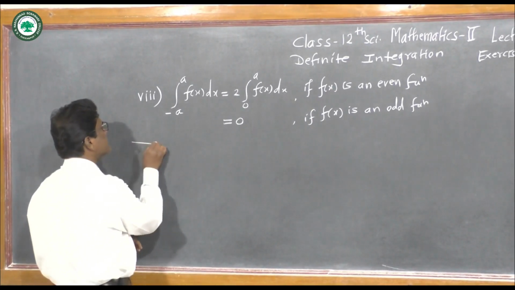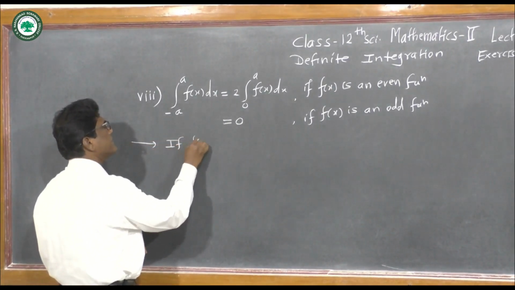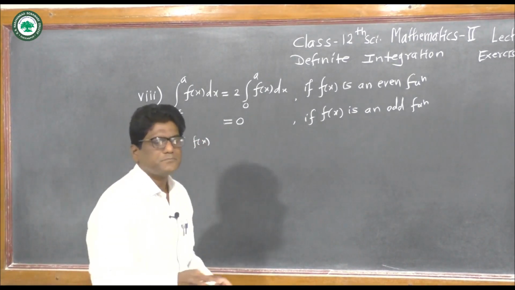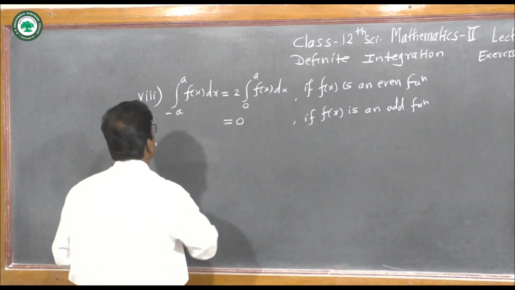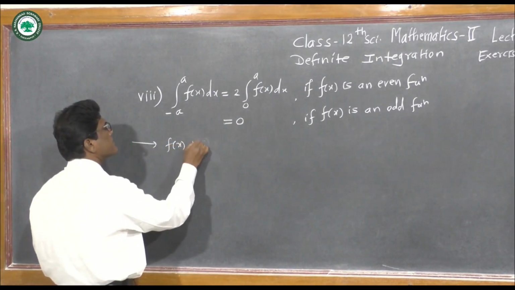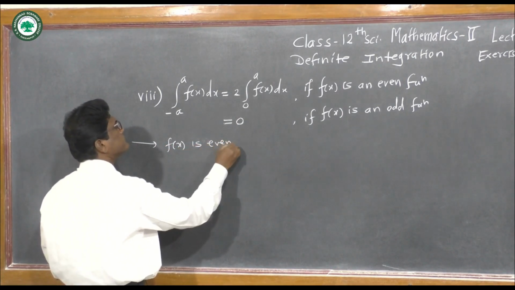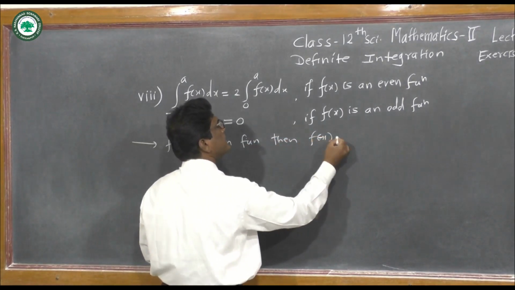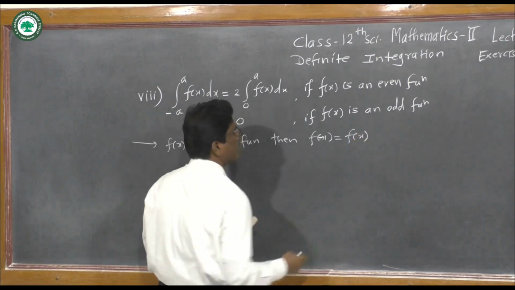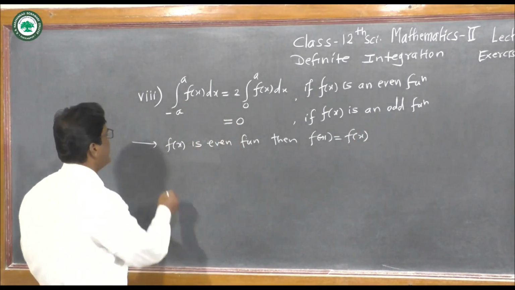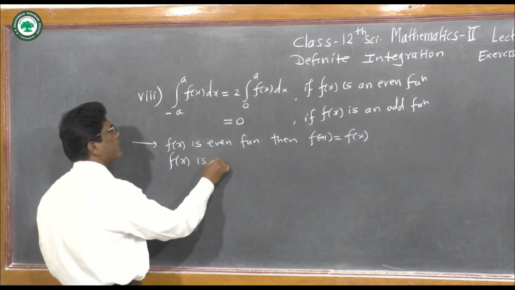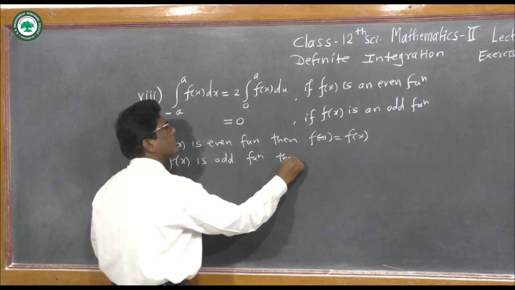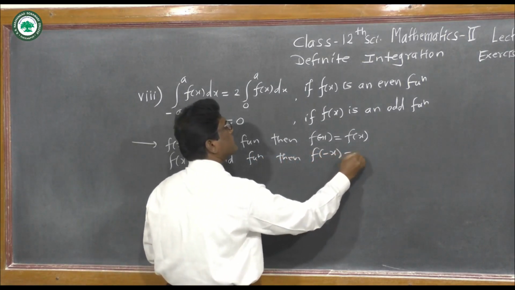Now the proof of this. If f of x is an even function, then f of minus x is equal to f of x, and if f of x is an odd function, then f of minus x is equal to minus f of x.